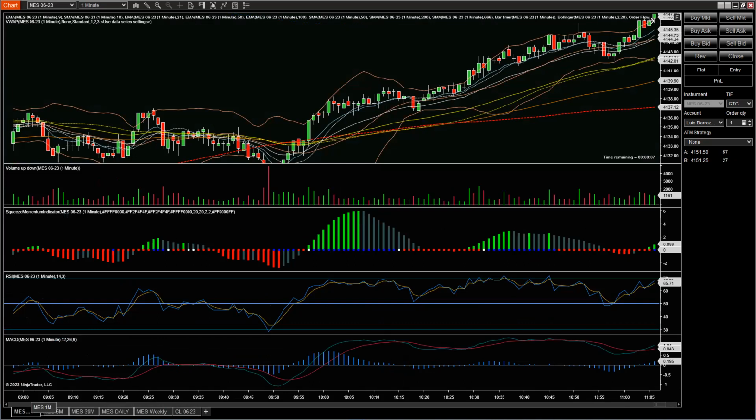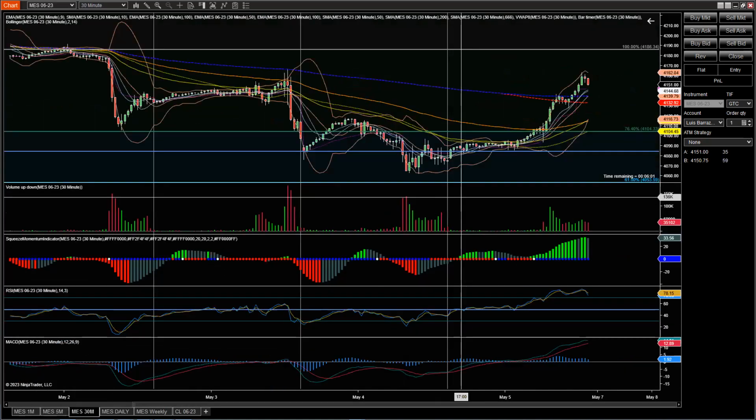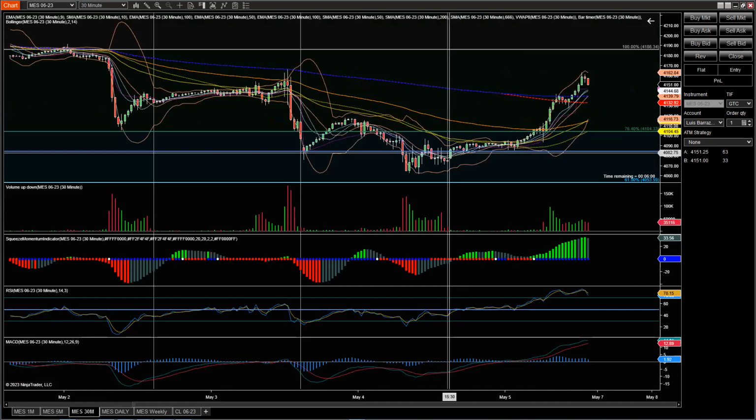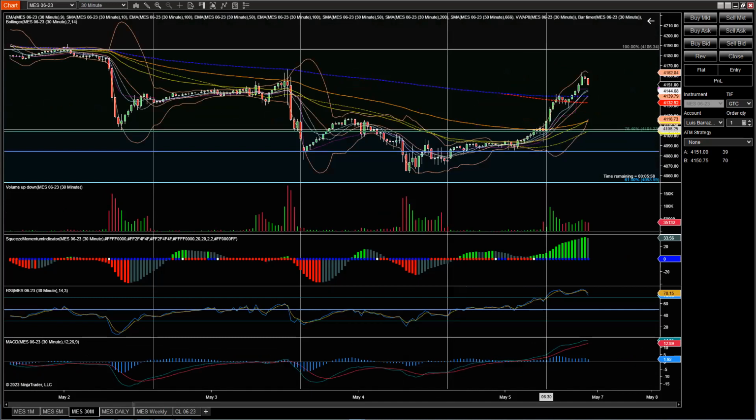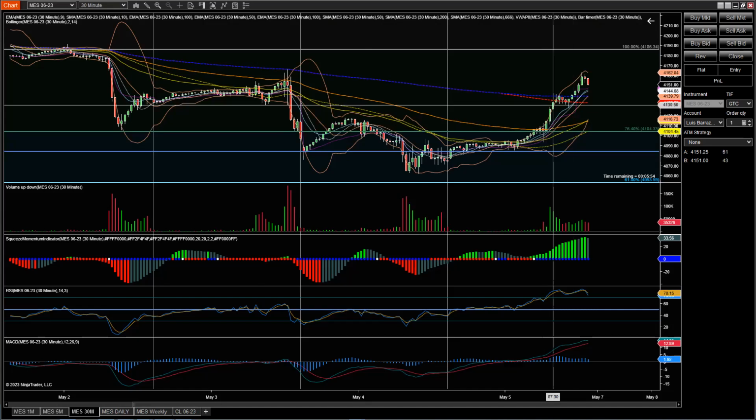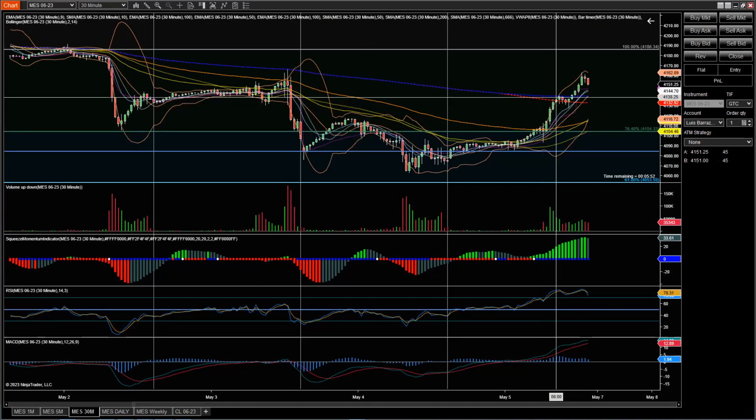You could have entered right here, right when you thought that the 30-minute candle right here was bullish. You could have stayed in the trade until like right here. That's almost an hour and a half in the trade. You would have caught close to 35 points.